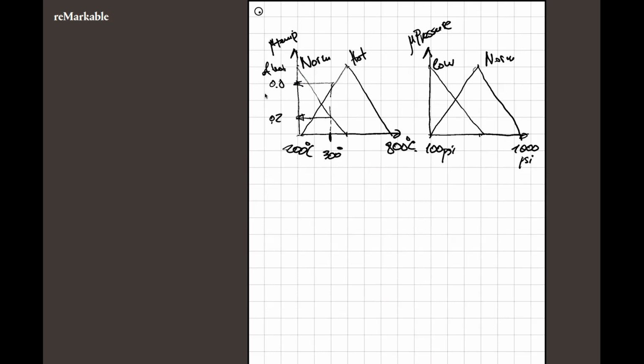The same here. So, for example, 0.7 of normal, if we have, say, 400 psi, and again some 0.3 of low.